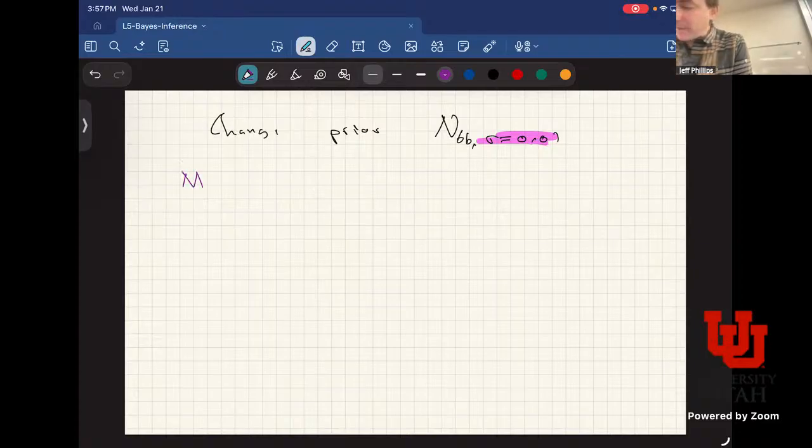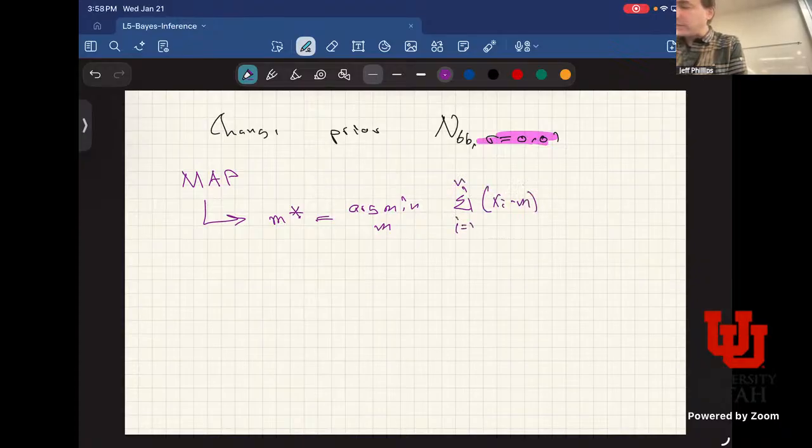Now my MAP estimate, M star, is going to be the arg min over M of the sum over the data here plus (66 minus M) squared, but this term will now be weighted something like 400 instead, right?